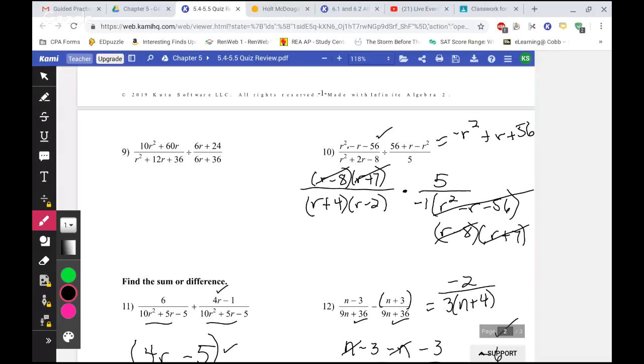So I'm going to end with a -5, even if I put it out front as the leading, 5 over r plus 4, because this is all that's remaining, r minus 2, as my final answer for that one.